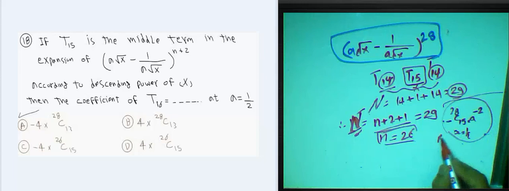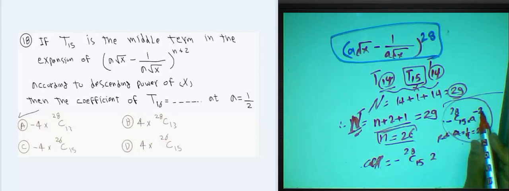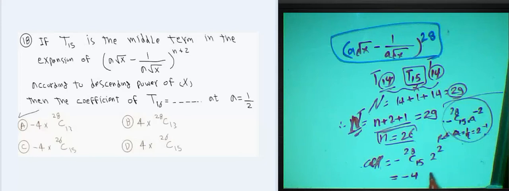Put a equals half here. Half means 2 power -1. Then the coefficient will be -28 combination 15, and 2 multiplied by -1 times -2 gives 2. Then the result will be -4 times 28 combination 15.